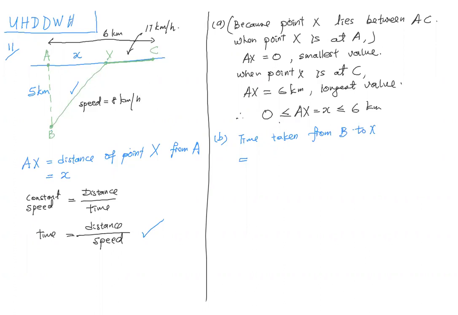Is X the speed, Avika? AB over BX. Is that the distance traveled from B to X? Avika, you are supposed to find the distance, then divide by the speed. If you say AB over BX, that is a trigo ratio. The distance traveled when you travel from B to X is BX.